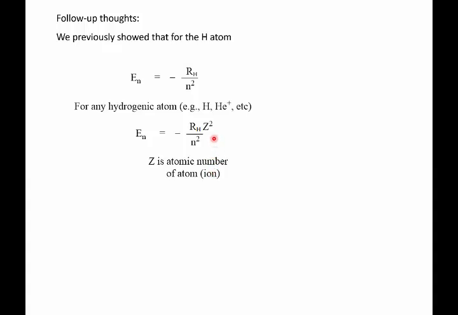If we substitute the value 2 for Z in this expression, we need to square that, Z squared, which would be 4, and multiply by the quantity minus R sub H over n squared. That would give us the energy values for energy levels in the helium plus 1 ion.